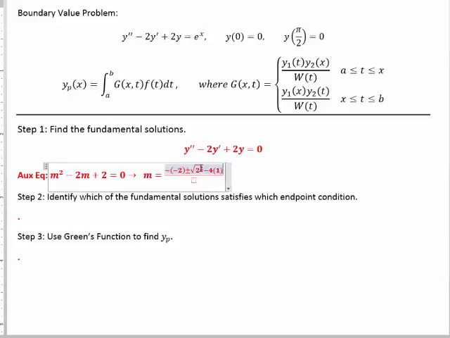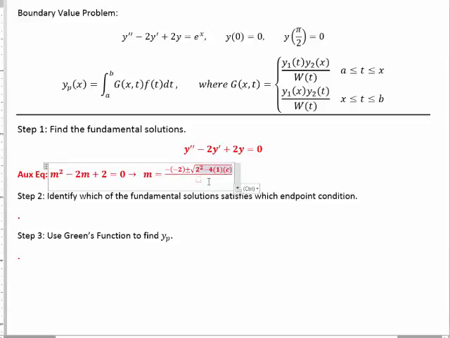A is 1 and c is 2. Let's put this inside of the square root here, divided by 2a.